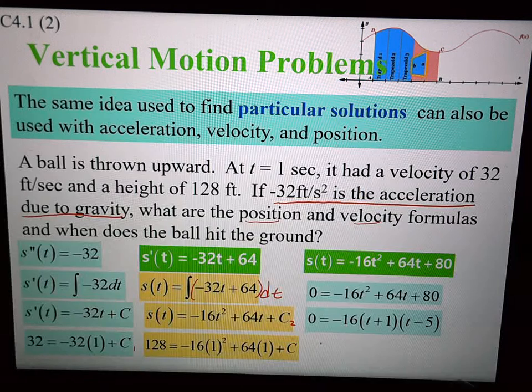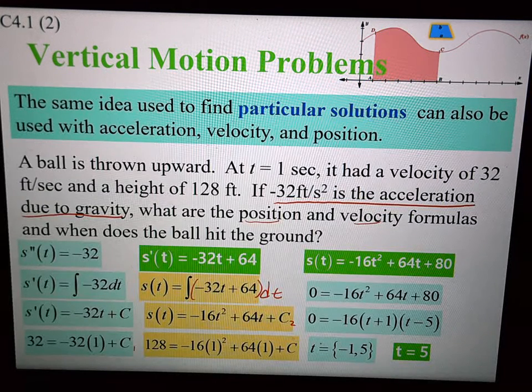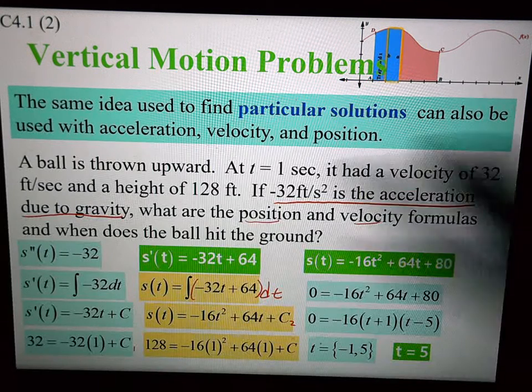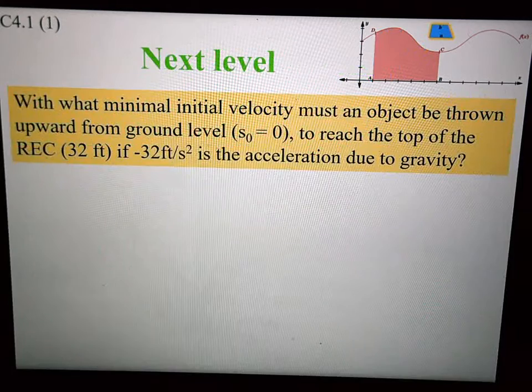You know 2 possibilities. Guess which possibility you're going to pick here for time? Exactly. We're not going to go back in time 1 second. We're only going to pick the 5 seconds from now. That's what we'll do. So perfect. That's how this is going to work.